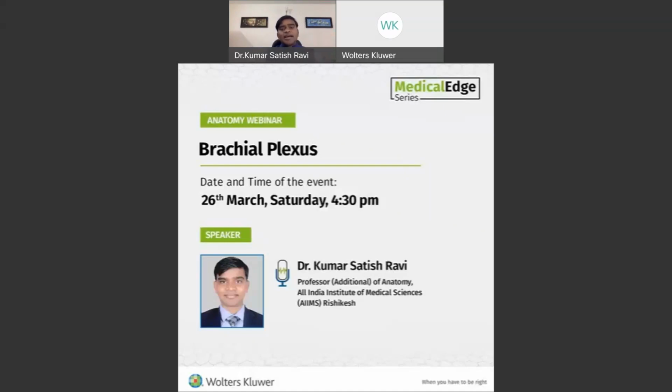The other branches from the posterior cord, which don't have root value C5 and C6, are the thoracodorsal nerve, which has root value C6, C7, and C8, whereas the radial nerve, because it gets contribution from all the fibers, will have root value from C5 to T1, that is C5, C6, C7, C8, and T1, right?